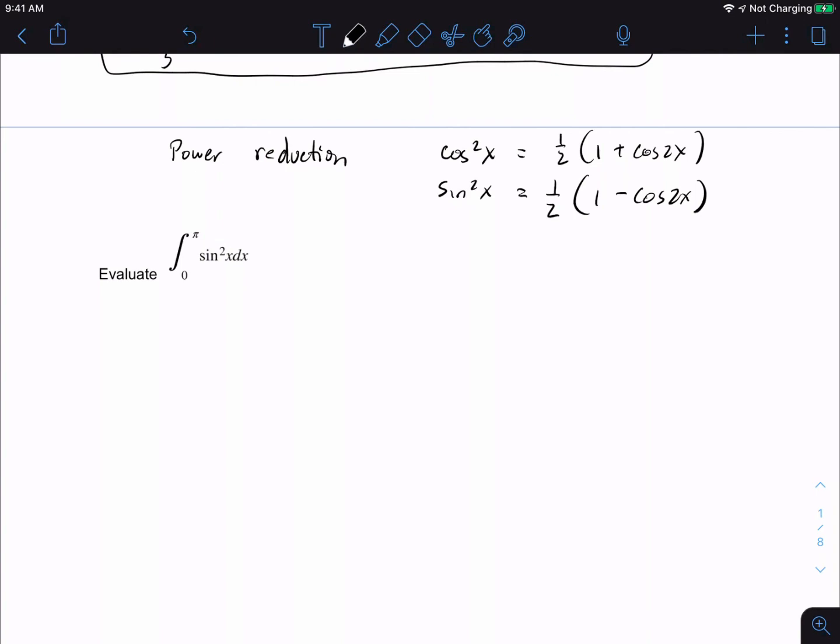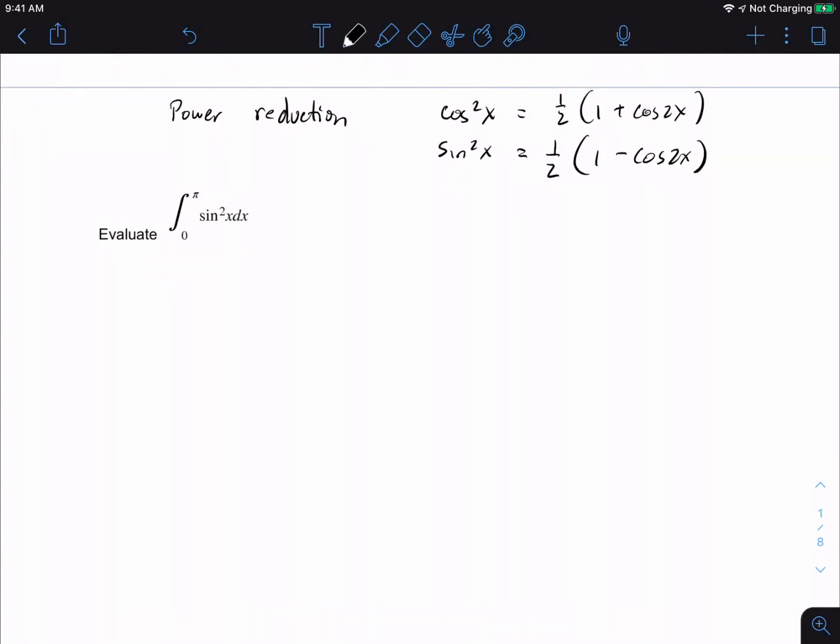Now, in the problem that I'm giving you, it's a definite integral, so we won't have the plus c, but we will have to use power reduction because we can see that we have sine squared, right? So sine squared is going to be 1/2 times 1 minus cosine of 2x dx, and our bounds stay the same.